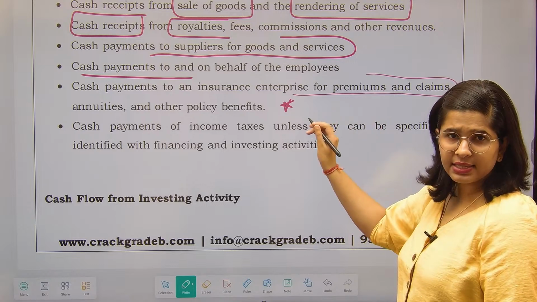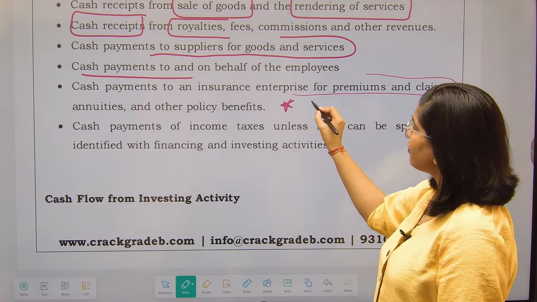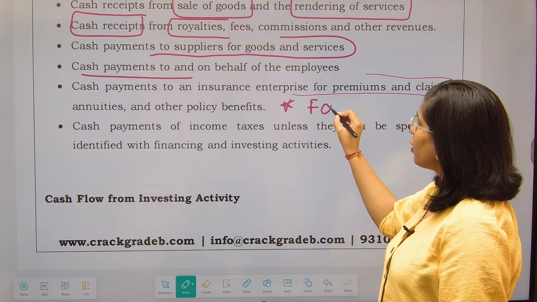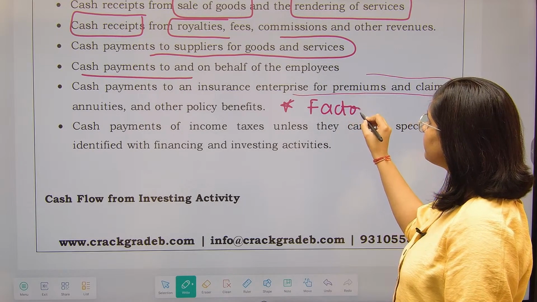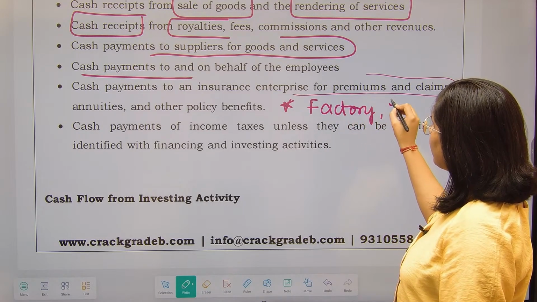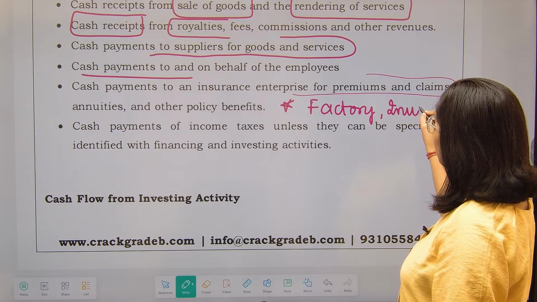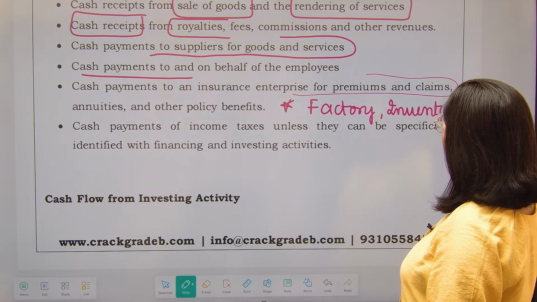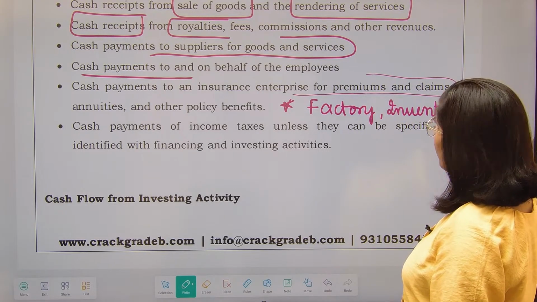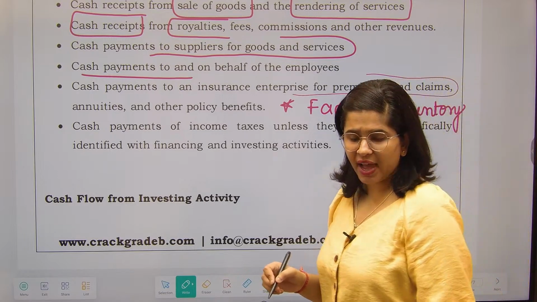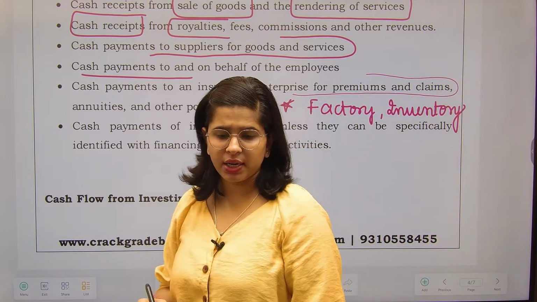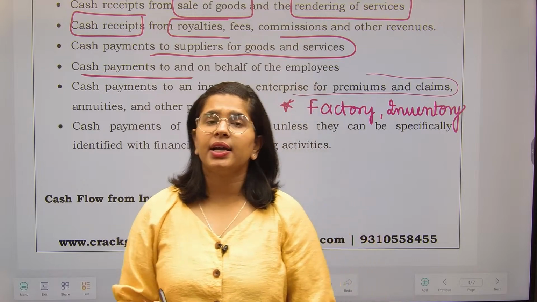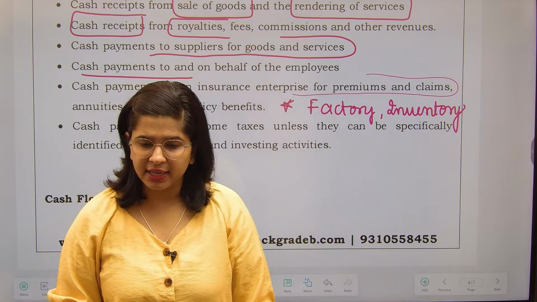This is considered an operating activity if you have taken insurance for your factory, for inventory, for machinery, right? So if you have taken insurance for your factory, your inventory, your machinery like that, then that will be considered an operating activity.